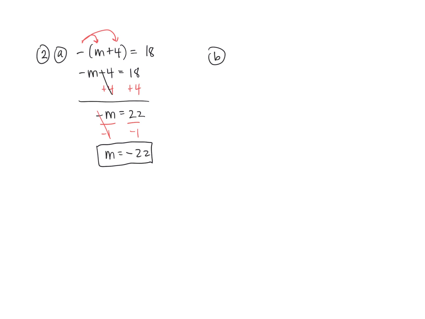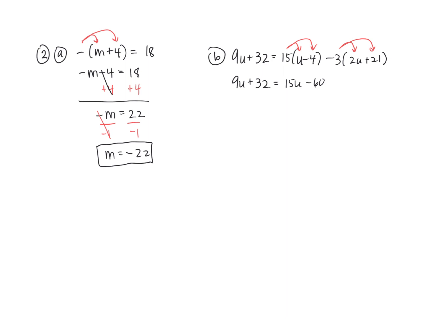Okay, part B, we have 9u plus 32 is equal to 15 times u minus 4 minus 3 times 2u plus 21. So we will start by distributing. We'll get 9u plus 32 is equal to 15u minus 60 minus 6u minus 63.